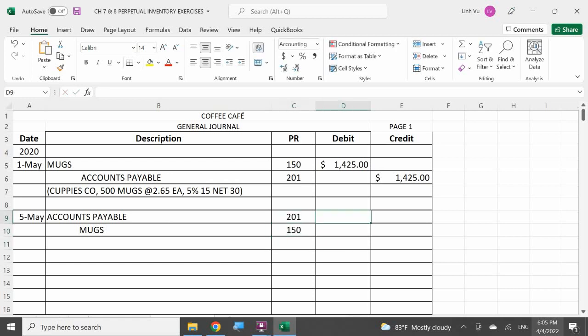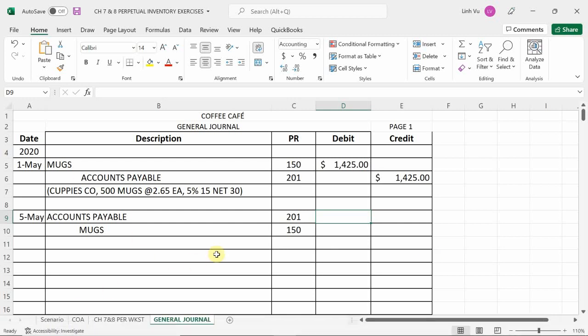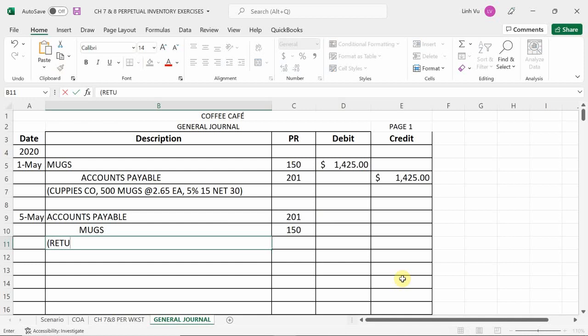Now I need to figure out how much each mug is going to cost me. I can also take a look above here. How much did each mug cost me originally? In this case, I purchased each one at $2.65 each. If I'm getting a full refund, I'm going to say return 15 broken mugs that cost me $2.65 each for a full refund.